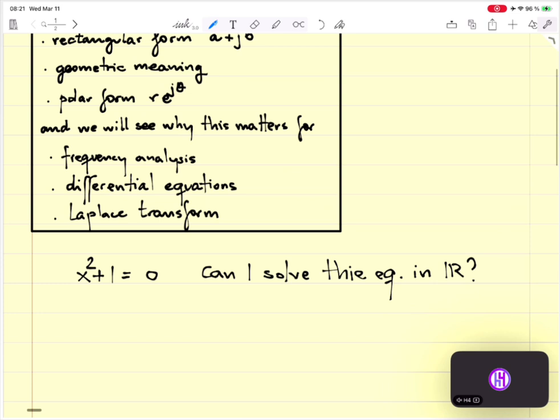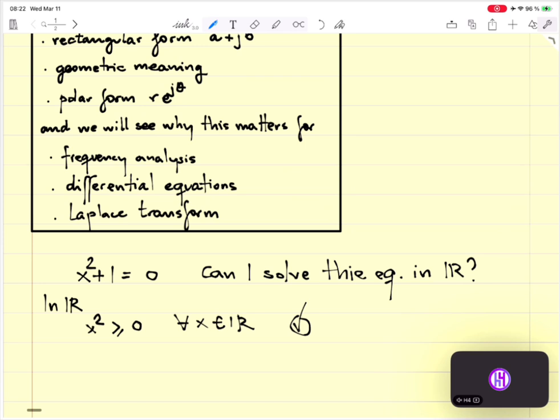Because in R, in the real numbers, x squared is always equal to or bigger than 0, for every real number, for any x belonging to the real numbers. This is true, okay?